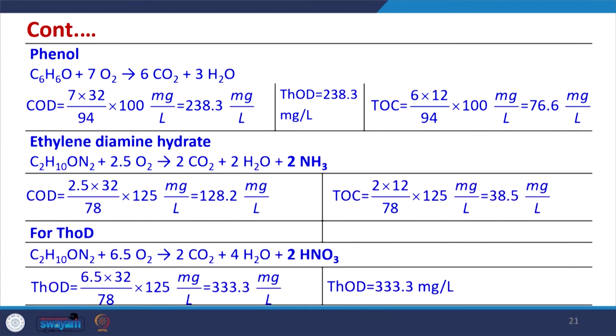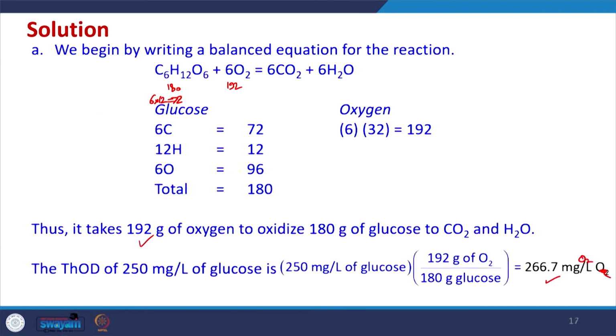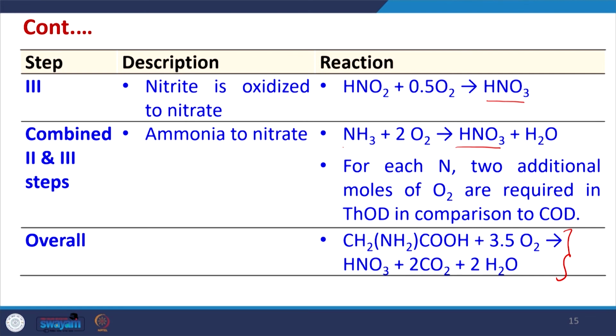Okay. Now, for THOD we have to add this additional reaction, where it is written in terms of HNO3, not in terms of ammonia. If we write in terms of HNO3, the oxygen demand will increase. Remember, it was earlier told, and shown in one of the slides, that for each N we require 2 additional moles of oxygen.